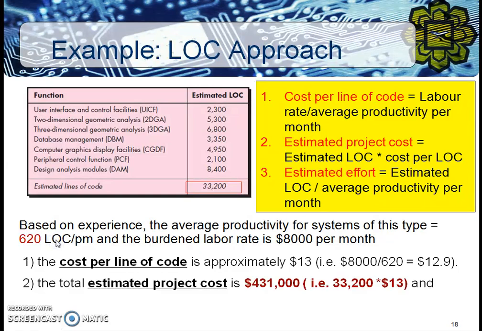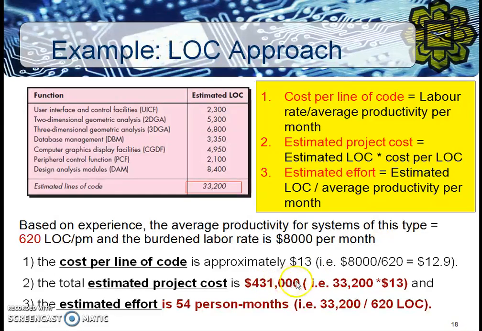The second one is that we calculate the estimated project cost, which is the estimated lines of code multiplied by the cost per line of code. So we know that the cost per line of code is $13. So we multiply it by 33,200 from the estimated lines of code, and we get $431,000.